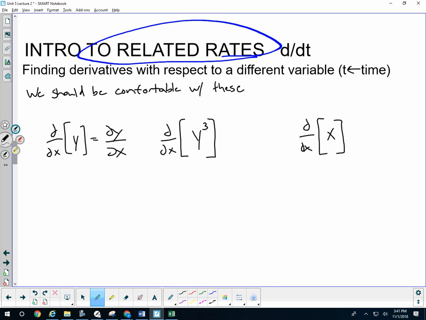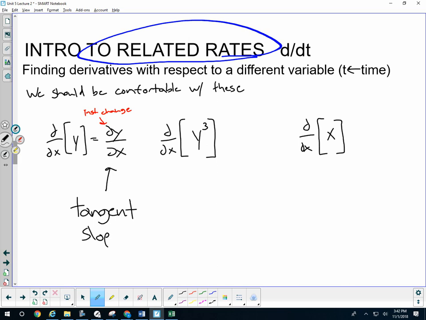So instantaneous change in y over an instantaneous change in x. Change in y, change in x. What does that mean to you? Slope. Okay. So understanding that d means instantaneous change, and we have an instantaneous change of y over an instantaneous change of x, we know this translates to be tangent slope.